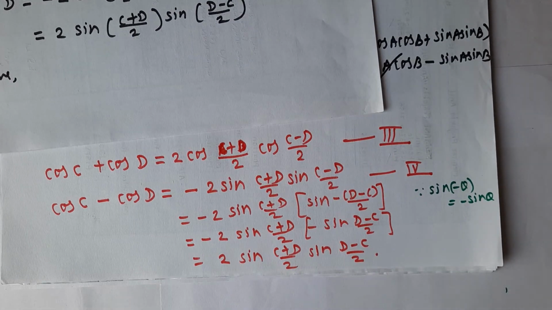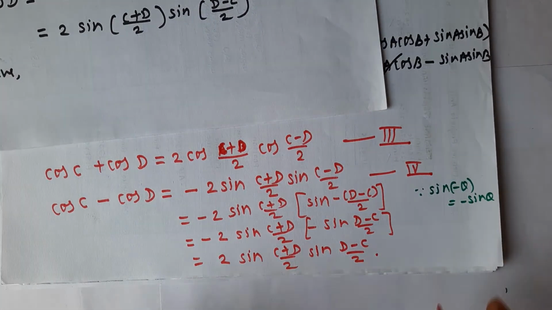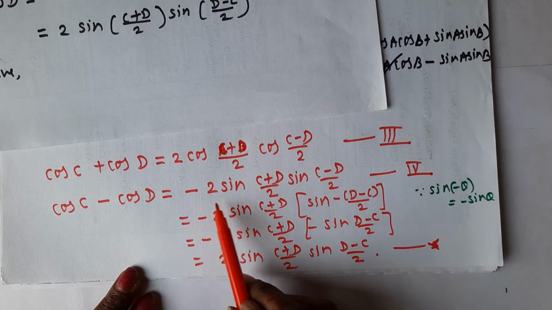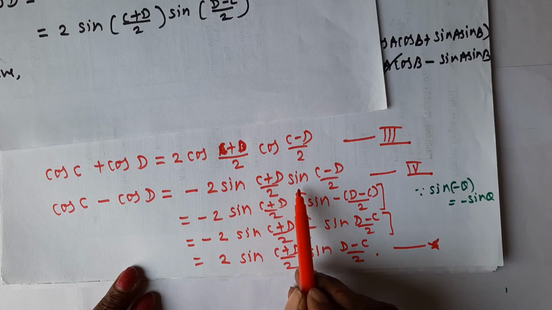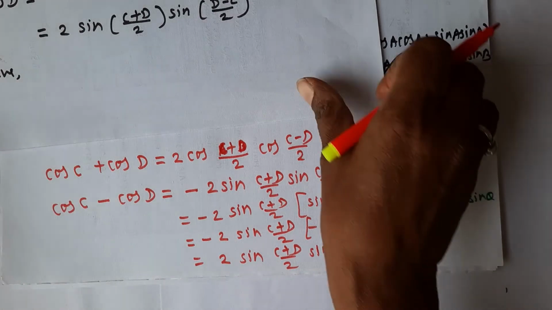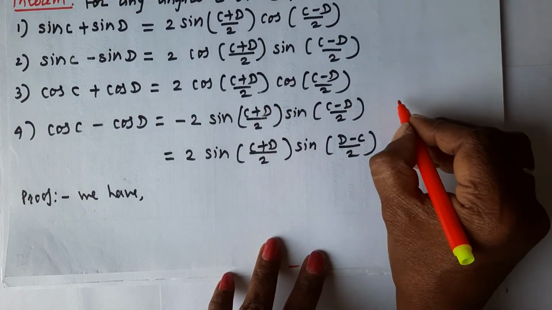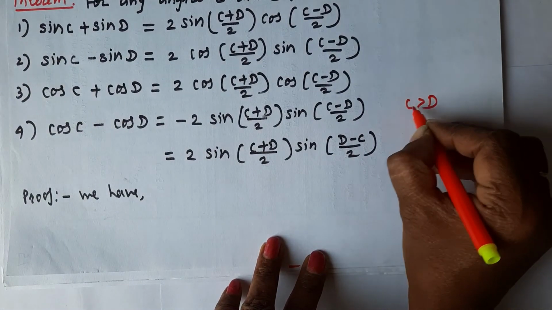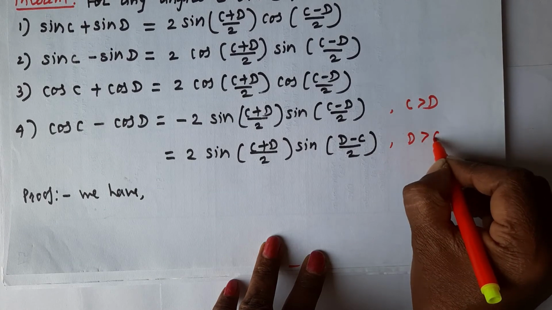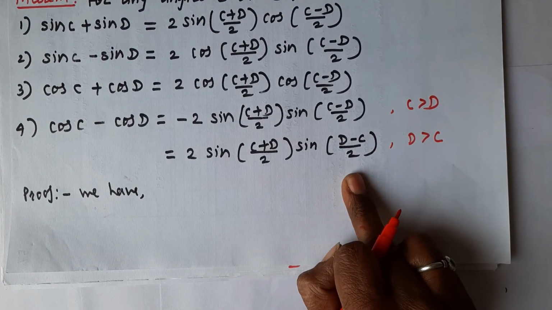Here we have got 2 formulae: minus 2 sin((C+D)/2) sin((C-D)/2), and 2 times sin((C+D)/2) sin((D-C)/2). This means if angle C is greater than D, you use this formula, and if D is greater than C, you use this formula.